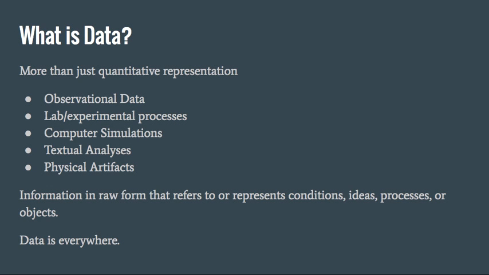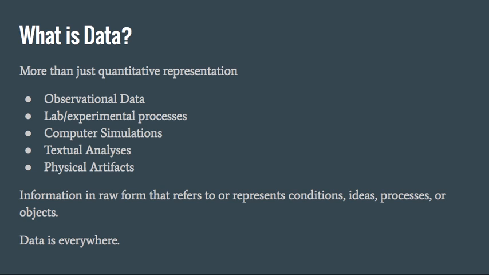Okay, so what is data? This seems pretty simple, but might not be what you're thinking. Data is not necessarily just quantitative numerical information. Data can be observational data, so if you're in the social sciences or doing medical research, you watch people to see what they do and then record what they're doing.